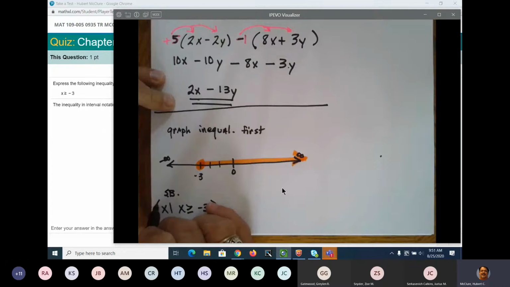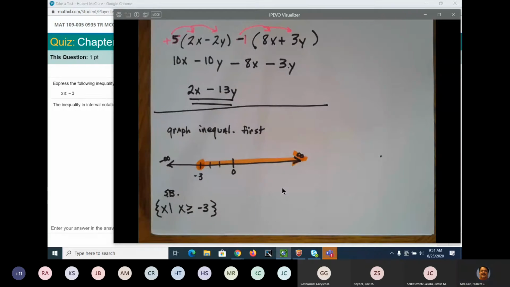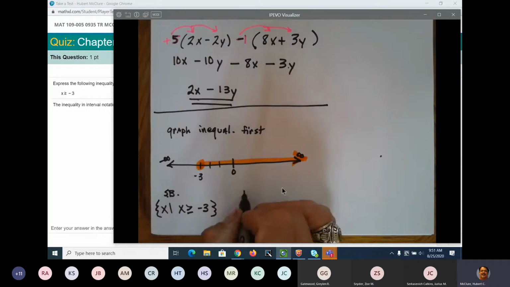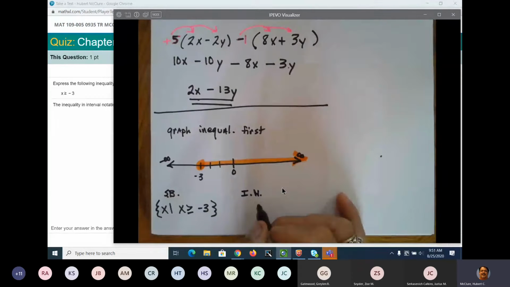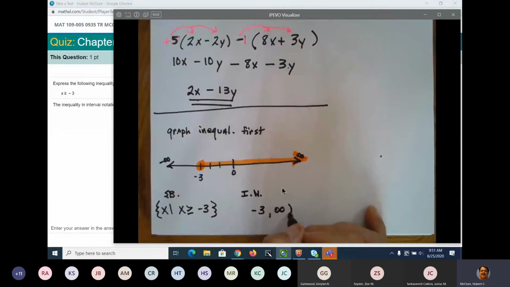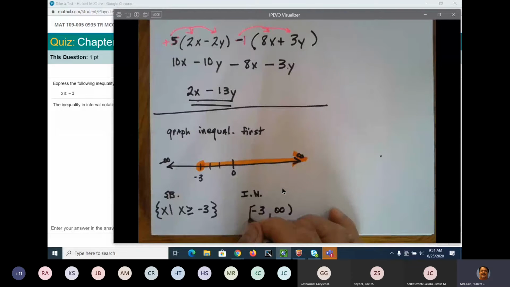That is set builder notation. Interval notation would be, read it from left to right, negative 3 to infinity. You can't touch infinity, so it gets a parenthesis, and you can touch negative 3, so it gets a bracket. And that's how you do that problem.